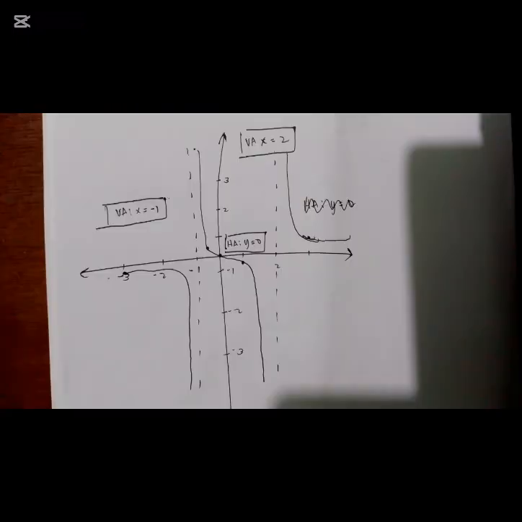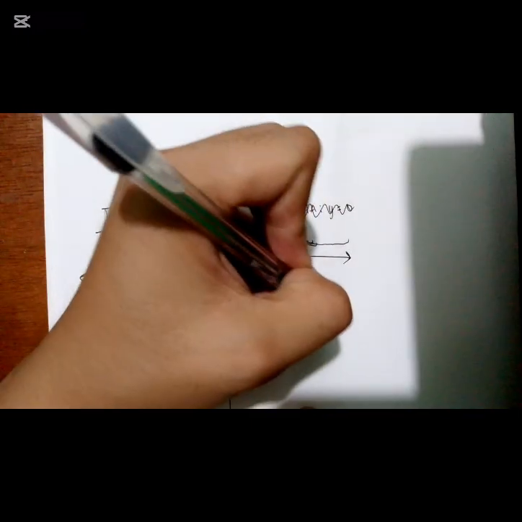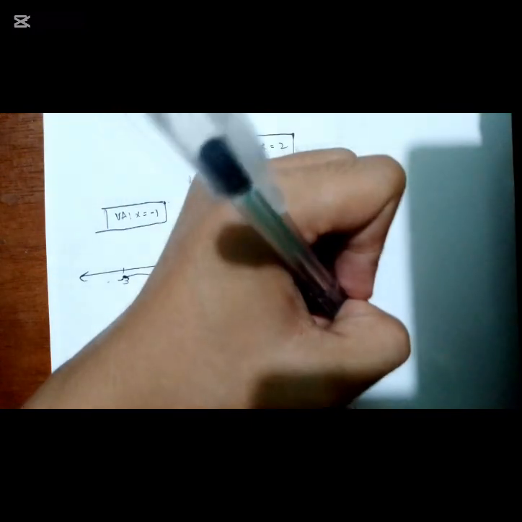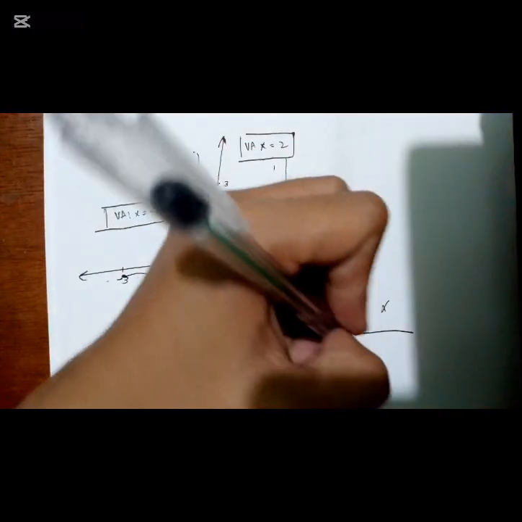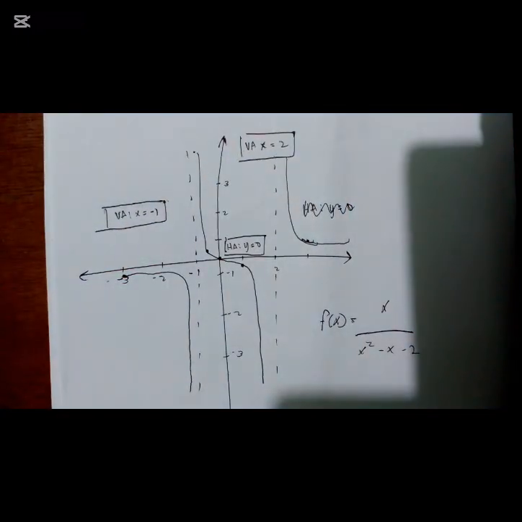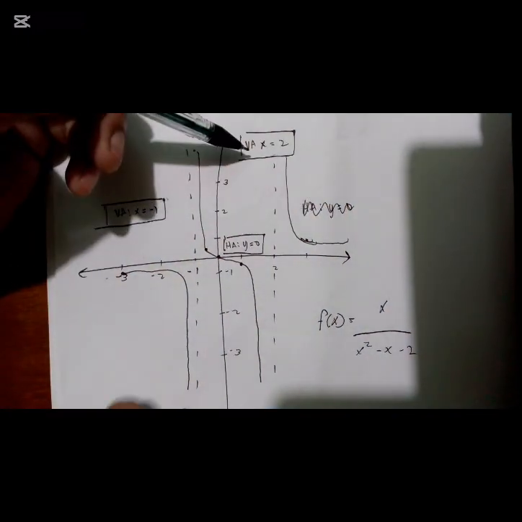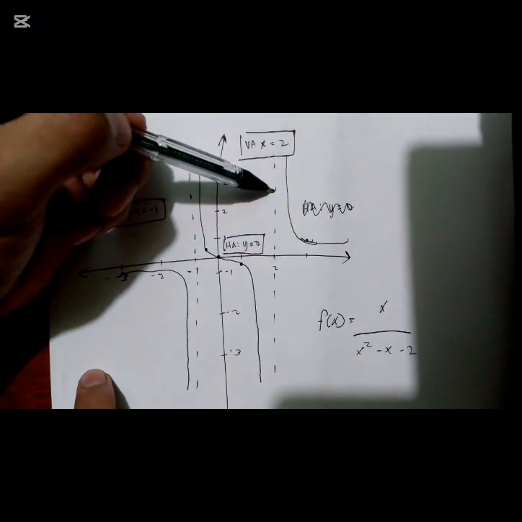So if we graph it, this is the graph of the function x over x squared minus x minus 2. Our first vertical asymptote, which is x equals 2, is right here.